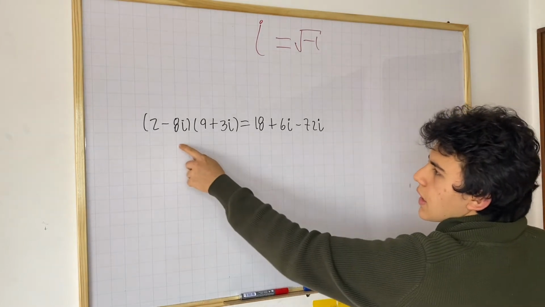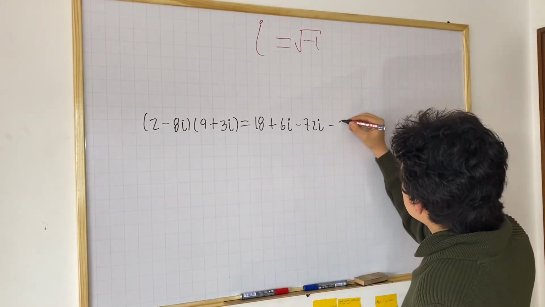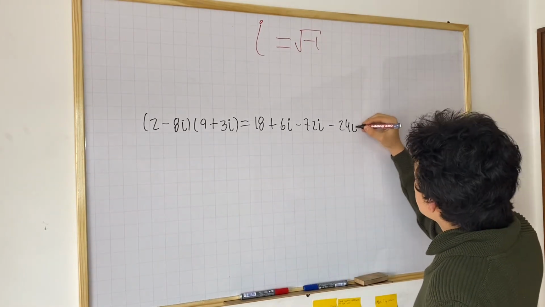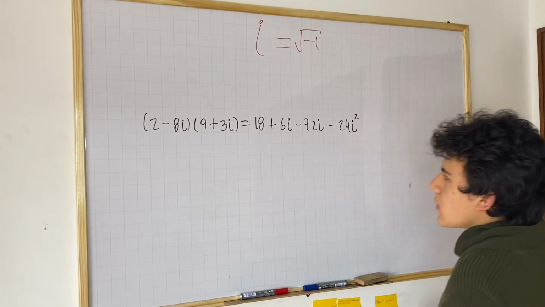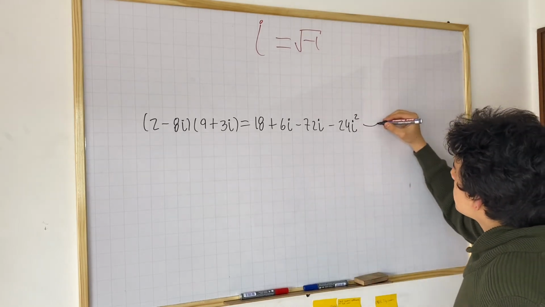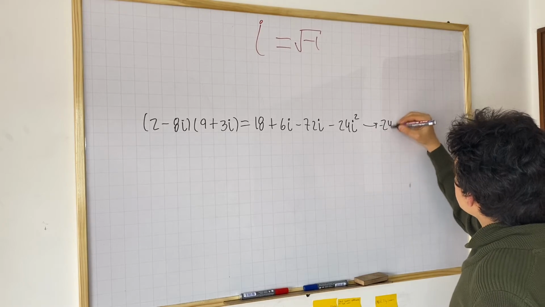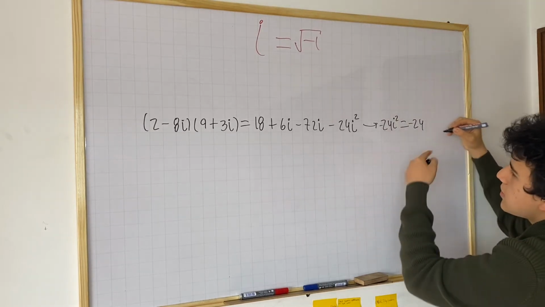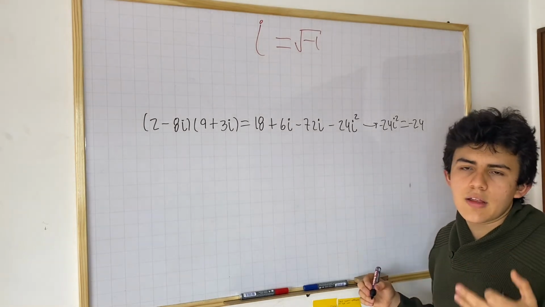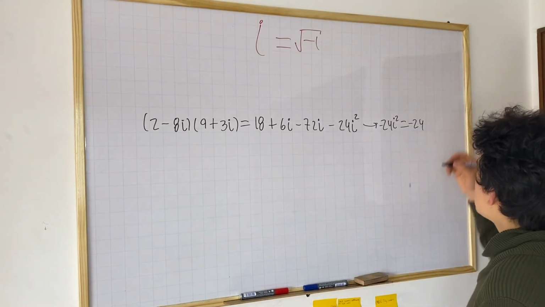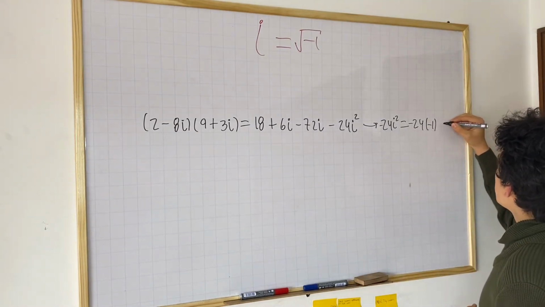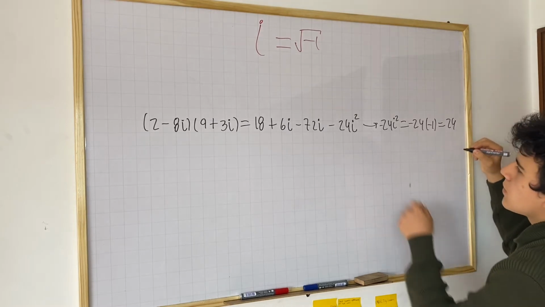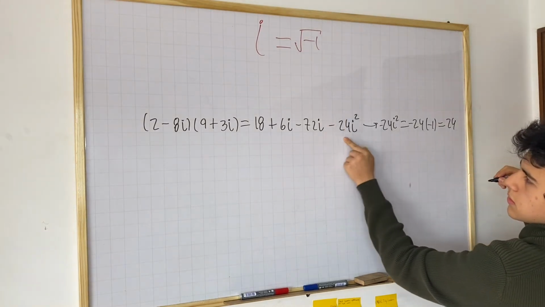And now we're going to get negative 24i squared. So now we know this is equal to minus 24 times the square root of negative 1 squared. We know that's just simply negative 1. So this is equal to 24.